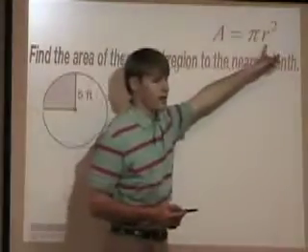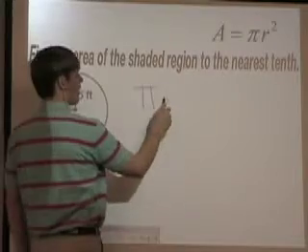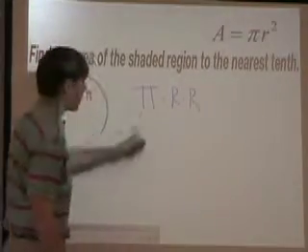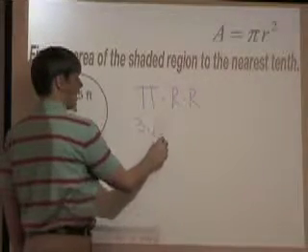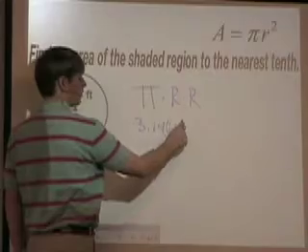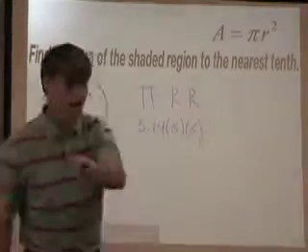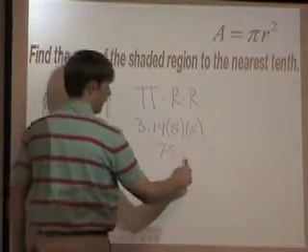Here's the formula for the area: pi times the radius times the radius. Pi is 3.14 times 5 times 5. When you multiply this out, you get 78.5.